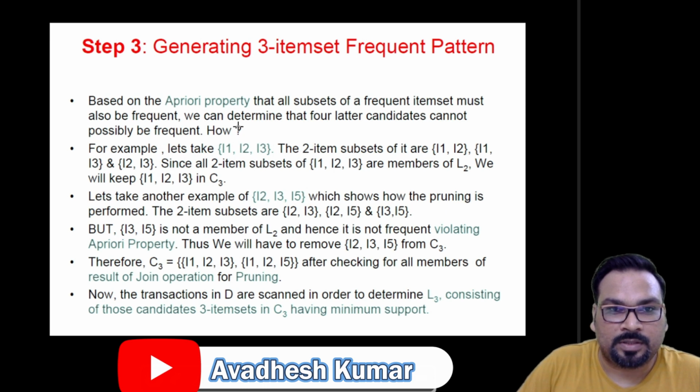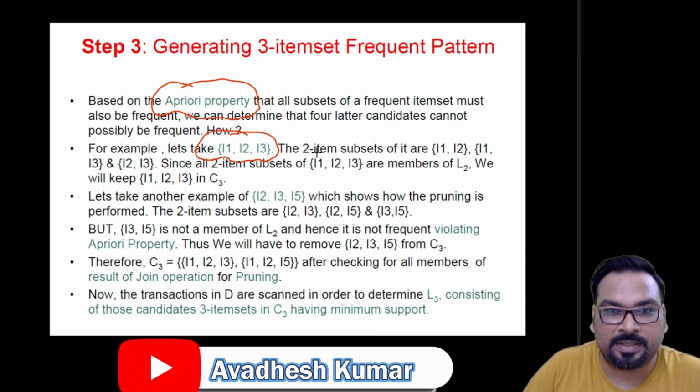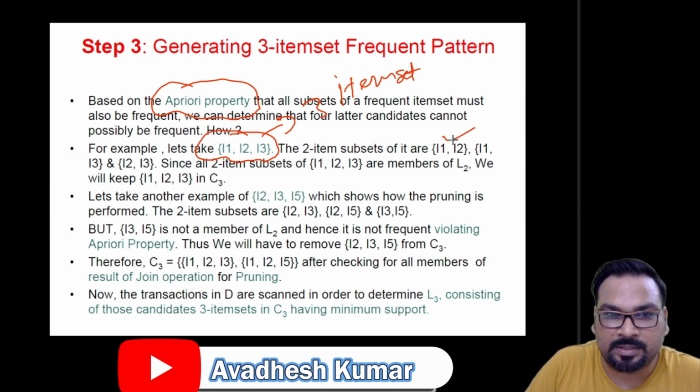So there is one property called Apriori property. Here if we take this example, this item set, all its subsets should be from L2, because this is a 3 item set. If we take its subsets like this and this, these are 2 item sets.